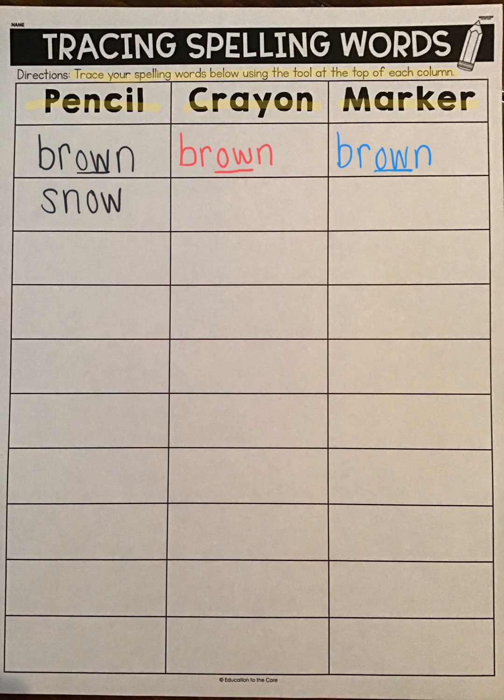And please make sure to underline the vowel team because OW can also say O. Then with our crayon, we'll write it again. S-n-o. And with marker, s-n-o. Snow.